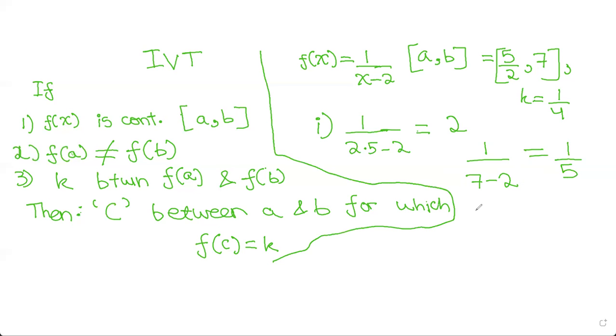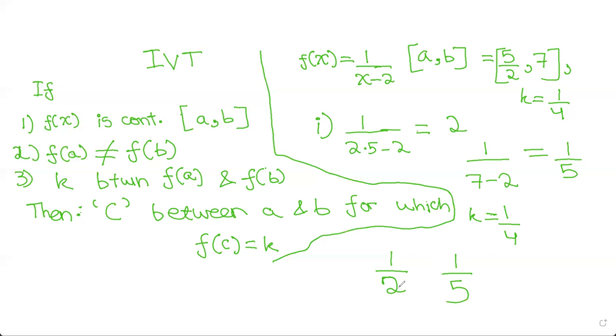So we know that k is 1 by 4, right? So k equals 1 by 4. The IVT states that k should be in between f of a and f of b. So f of a is 2 and f of b is 1 by 5.